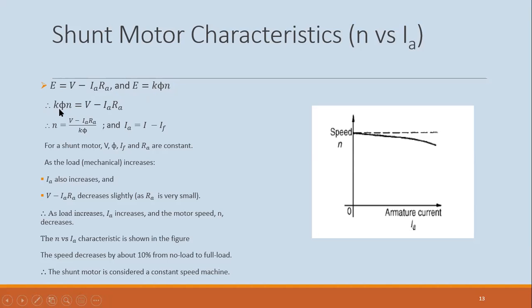So if I put K phi n here to make these two equal, then I can get a relationship for n. And so n would be equal to V minus IARA over K phi, and IA is also equal to that.